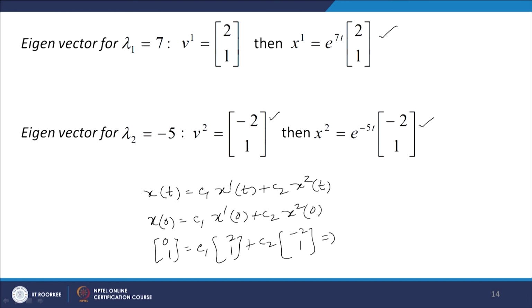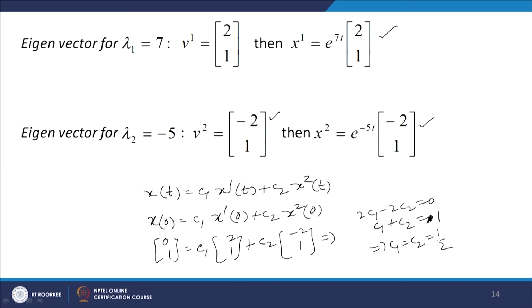So this gives you 2 c1 minus 2 c2 equal to 0, and then c1 plus c2 equal to 1. So it is clear c1 is equal to c2, and so 2 c1 equal to c1 plus c2 is equal to 1. So this gives you c1 and c2 equal to half each. So put the value half here.